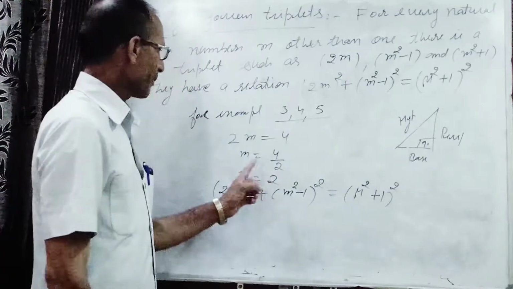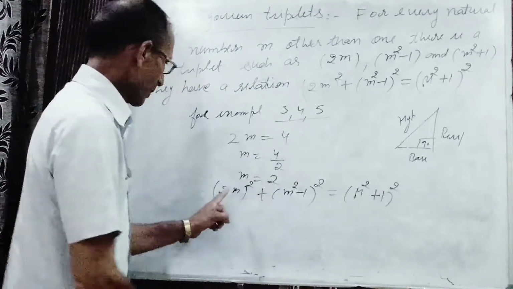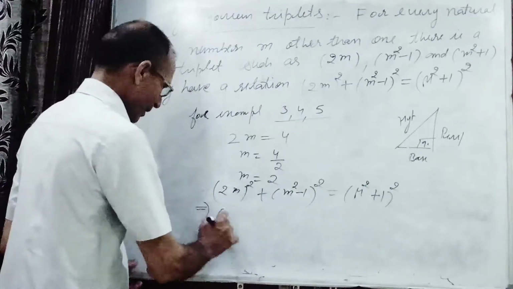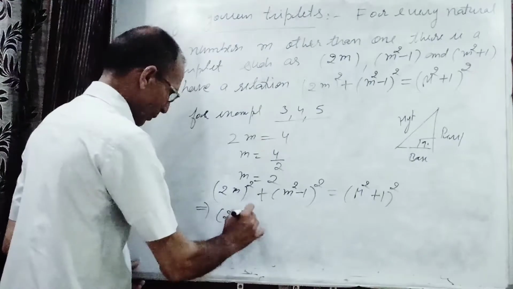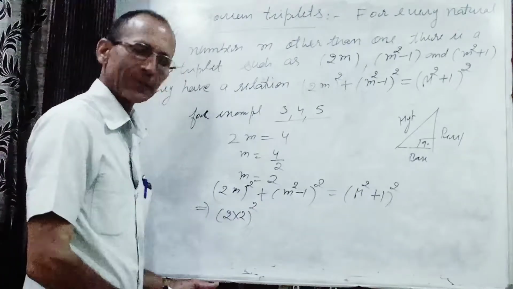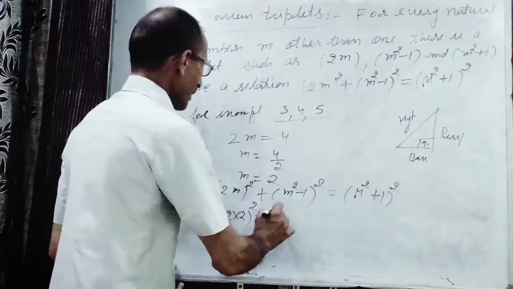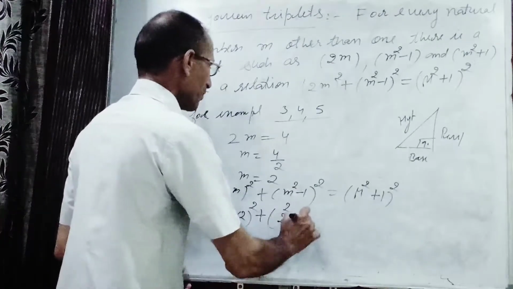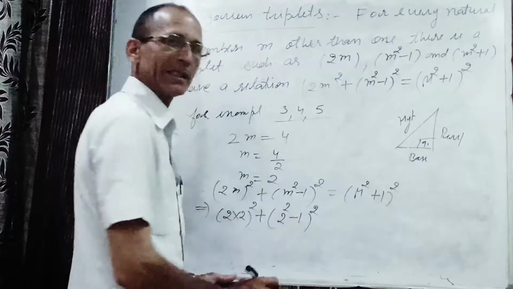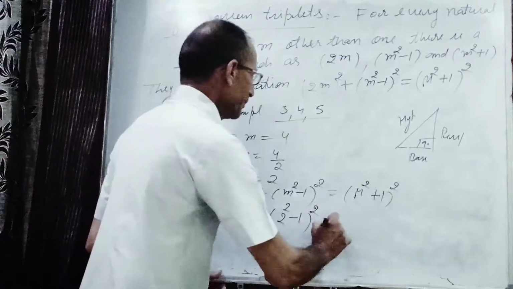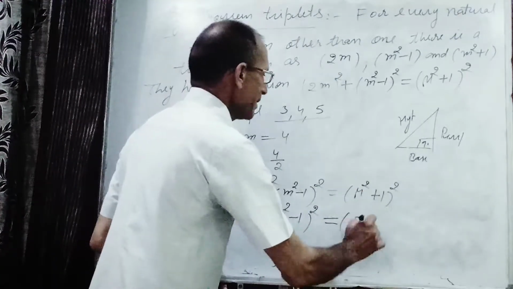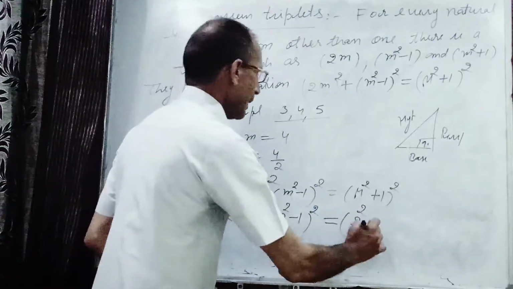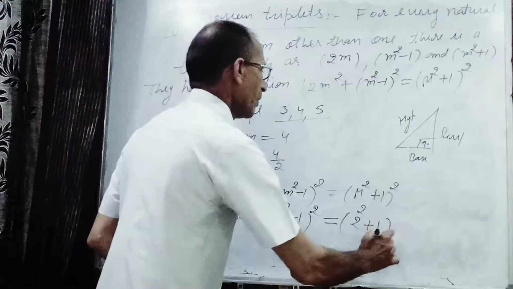Write this one. What is m? m is 2. So 2 multiplied by 2, square, plus 2 square minus 1, whole square, is equal to 2 square plus 1, whole square.